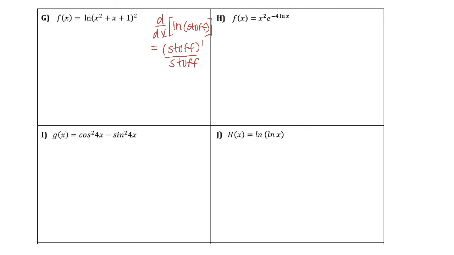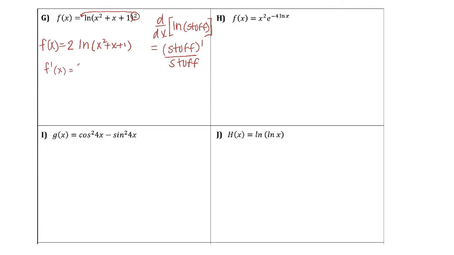So here we've got an exponent, and let's go ahead and move that exponent down to the front. That's one of those properties of logarithms, and that's just going to make this problem easier for us. So we're going to have 2 times natural log of x squared plus x plus 1. And now we're ready for f prime of x.